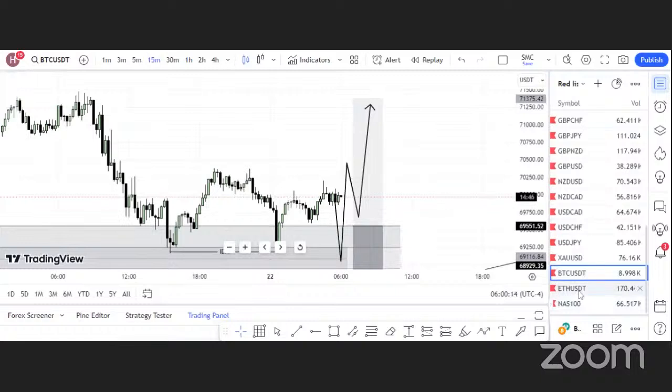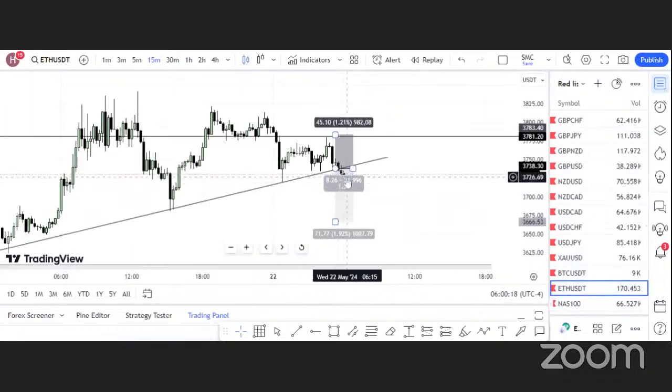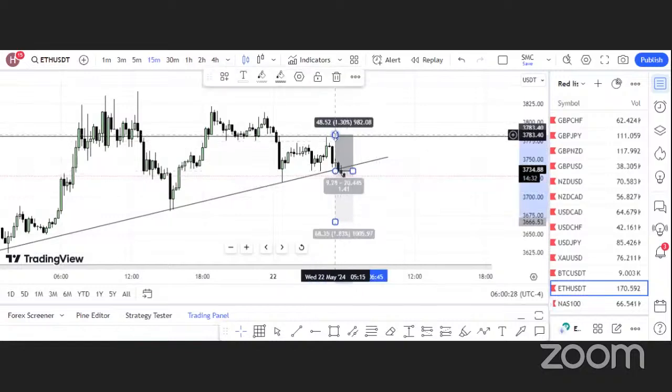Okay, so this closed below. I'm going to share this to the Telegram group. Okay, so everyone can take advantage of it.